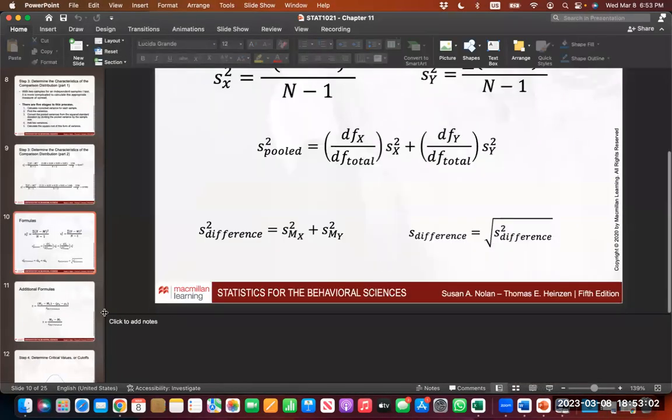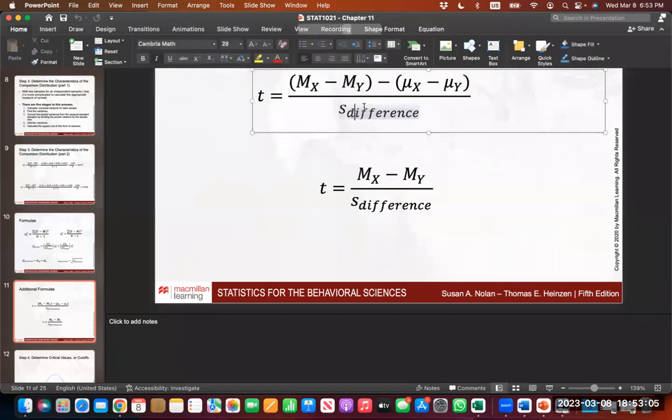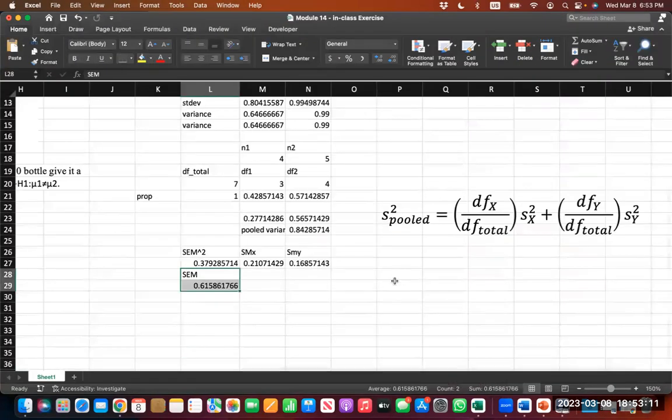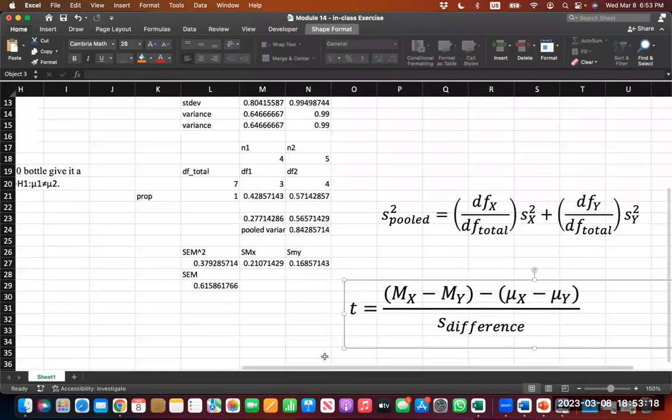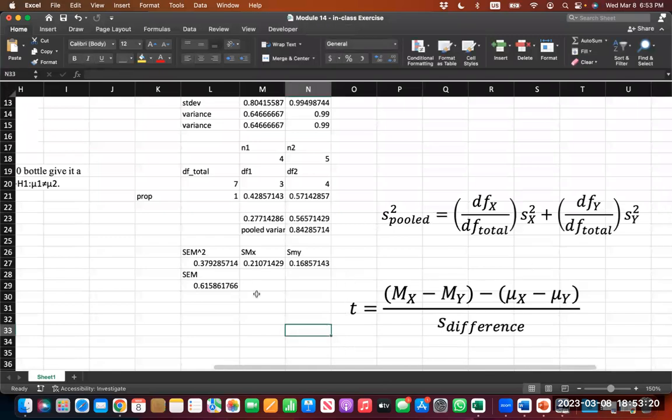So now the rest is simple, right? Well, not really that simple, because there's another caveat. So this is the formula that is being used for the calculation of your t. So just as you would expect, you have your actual difference that you're testing against.